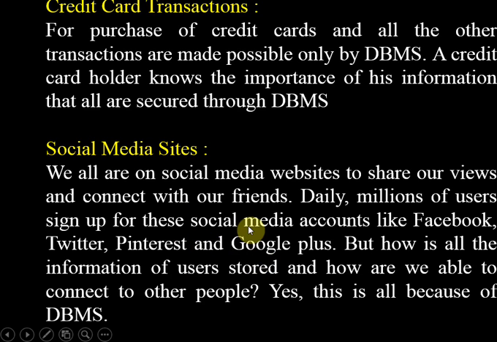When you open your account on WhatsApp and you uninstall WhatsApp from your mobile and install it again, at that time it asks if you want to take a backup of your data. Why is it asking? Because the data is stored in the WhatsApp database, and that's why it asks if you want your data backup.